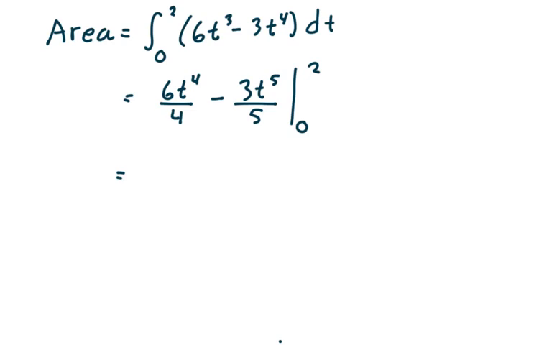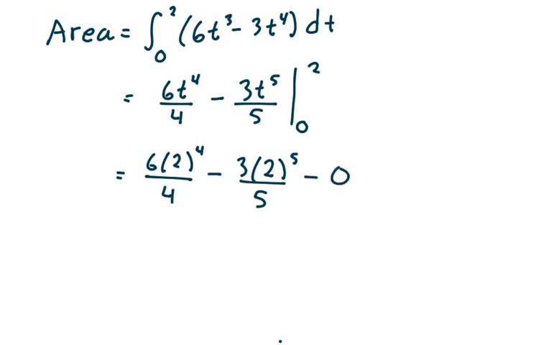Now, we're going to replace t with 2 to get 6 times 2 to the fourth divided by 4 minus 3 times 2 to the fifth divided by 5. And then I'm going to replace t with 0. But when you plug in 0, you're just going to get 0.